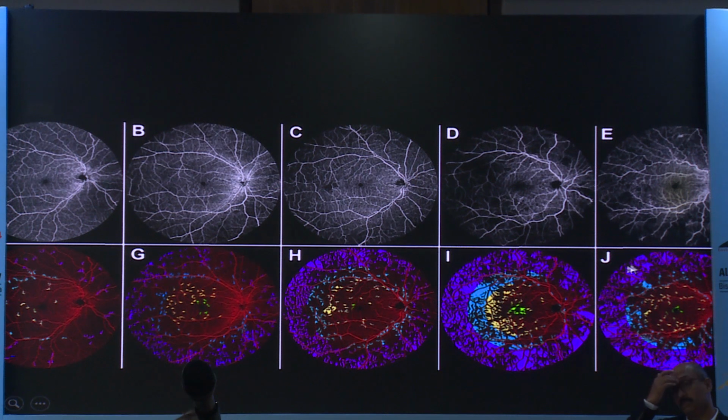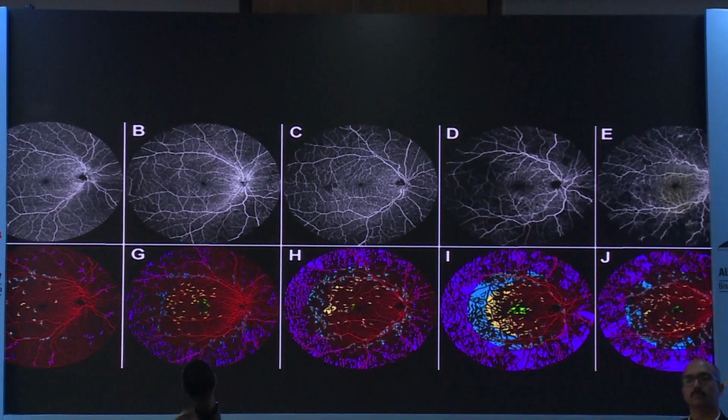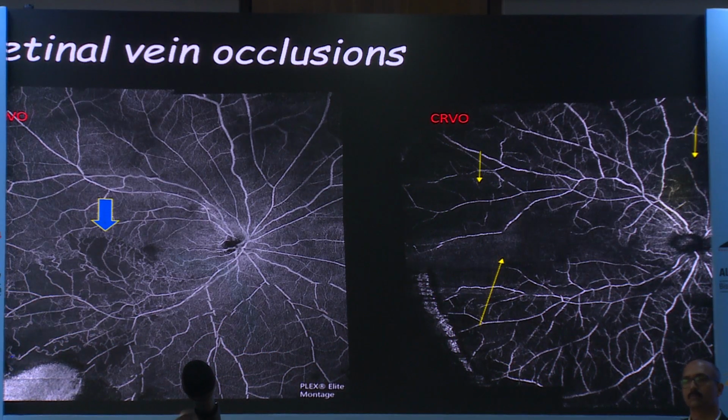So a patient who's on the spectrum J rather than F, we would call them for more frequent follow-up. I think Dr. Shane also mentioned that these are more likely to go into PDR and require laser much sooner than somebody on the spectrum of G and H. So they've actually quantified it and shown on OCTA how this is important.